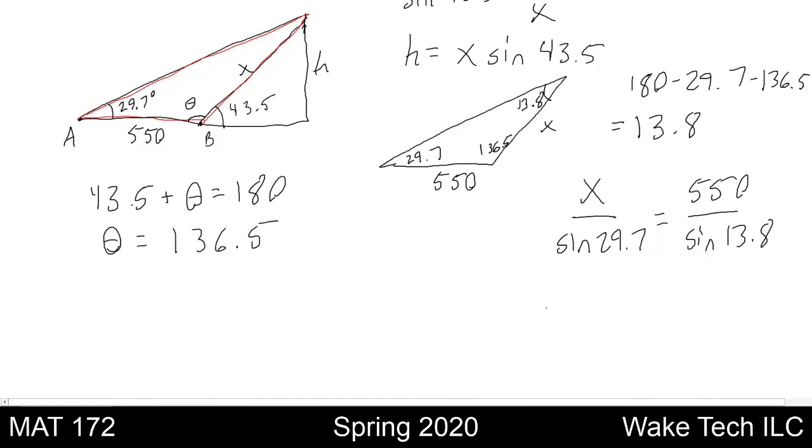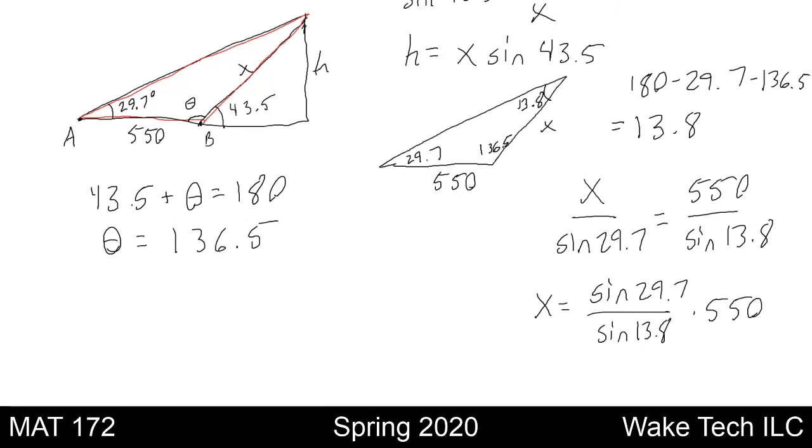The rest is just multiplication. So x is equal to sine of 29.7 over sine of 13.8 times 550. Just a little reorganization of the fraction, but note that that is just aesthetic.